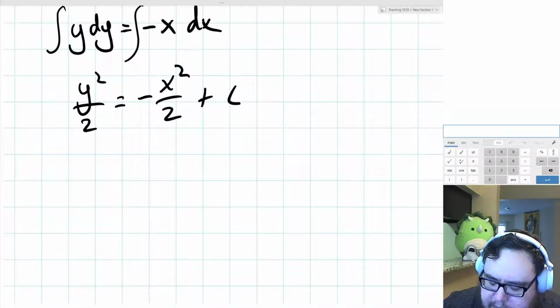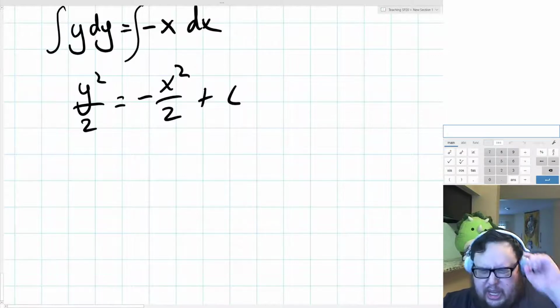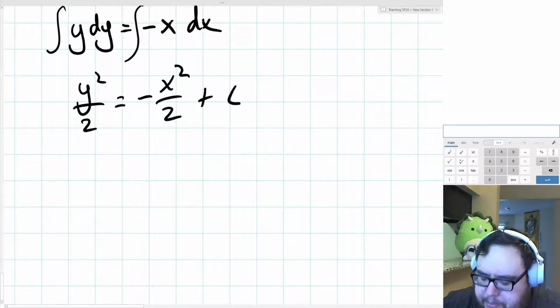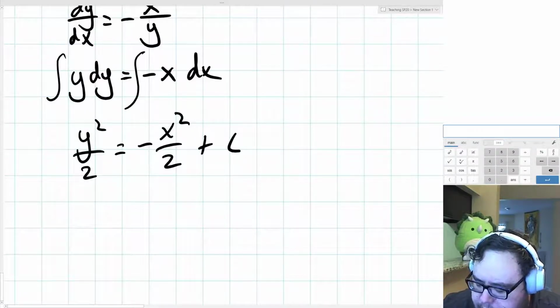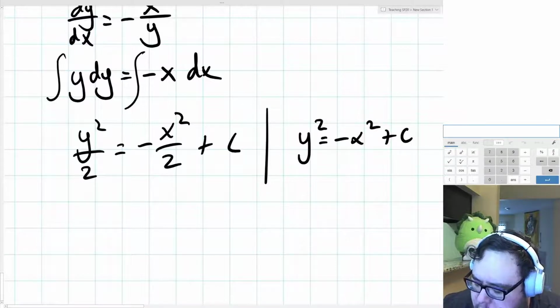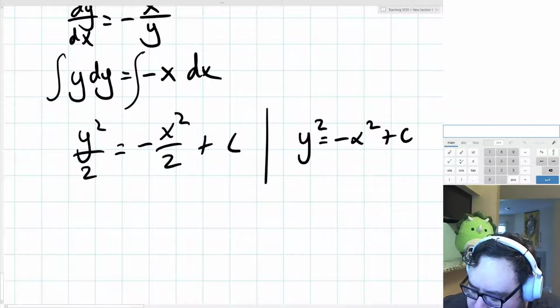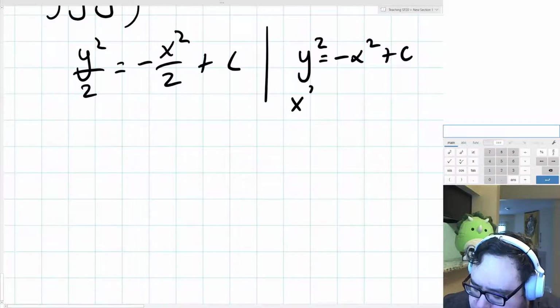We could at this point actually solve for y, but I think, well, let's go ahead and do that. Note that at this point we can multiply everything by 2, and we get y squared is equal to negative x squared plus c, or x squared plus y squared is equal to c.